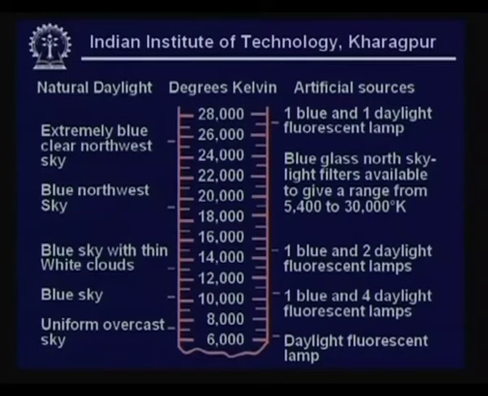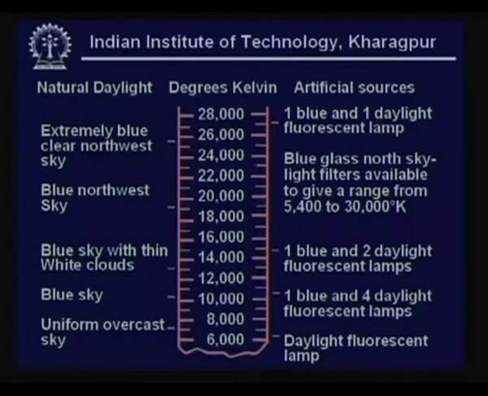As may be seen, between 24,000 to 28,000 we have on the left hand side extremely blue clear sky, whereas on the right hand side we have what is called a daylight fluorescent lamp. Likewise, if you go down, you have blue northwest sky between 18,000 to 22,000 degree Kelvin, and with thin clouds the temperature comes down to 12,000 to 16,000.